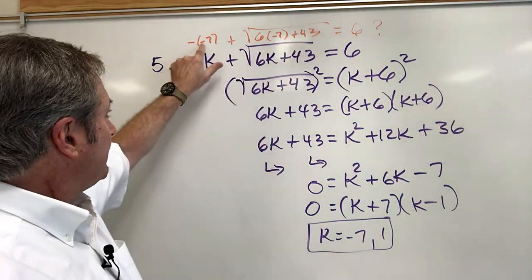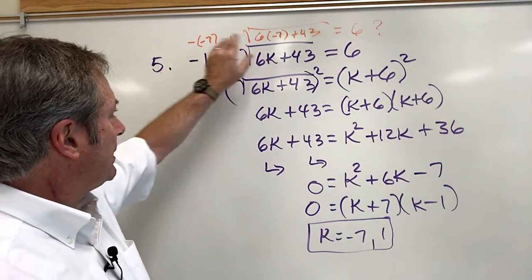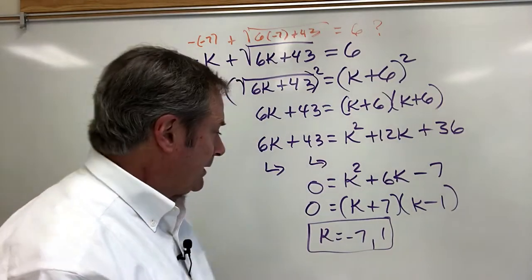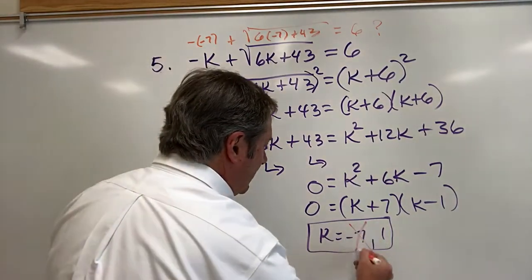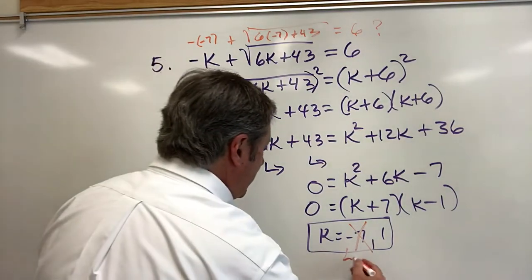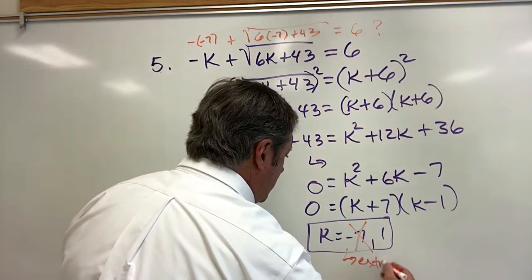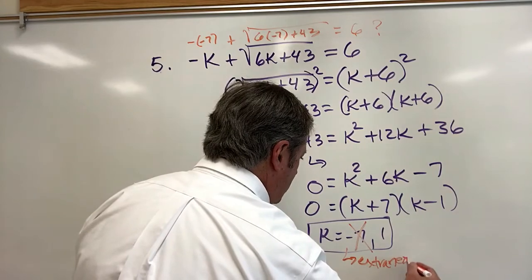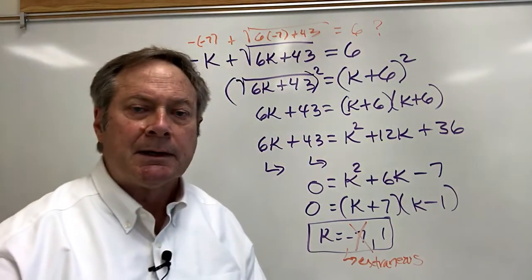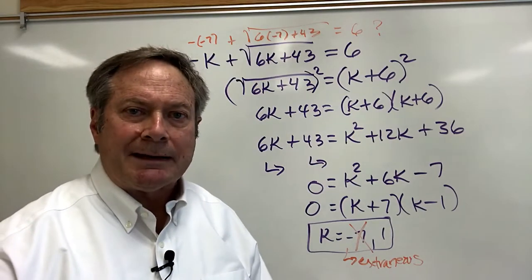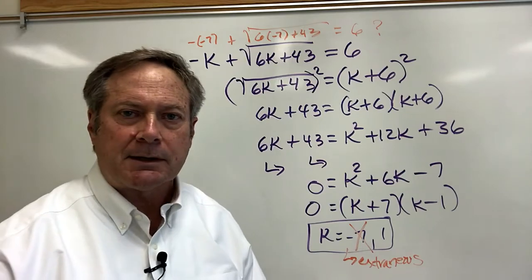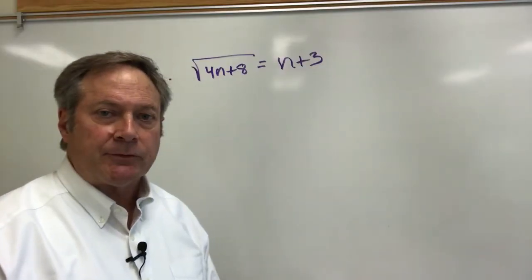So we got negative of negative 7 is 7, plus 1, 7 plus 1 is 8. 8 is not equal to 6. So that means that negative 7 is not really an answer. In fact, that's what we would call extraneous. And you do need to identify the extraneous solutions, understanding that those are not real solutions. They're extra.